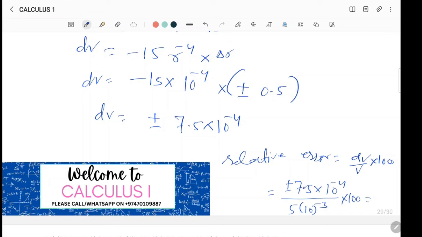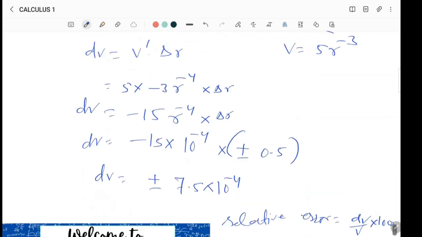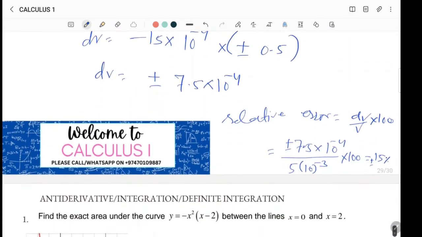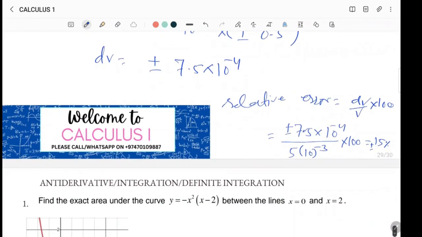Here we got 7.5 times 10 to the power minus 4, and denominator 5 times 10 to the power minus 3 times 100. So guys, I got 15%. Of course it will be plus minus, because here it is given in plus minus form. So that will be the relative error.